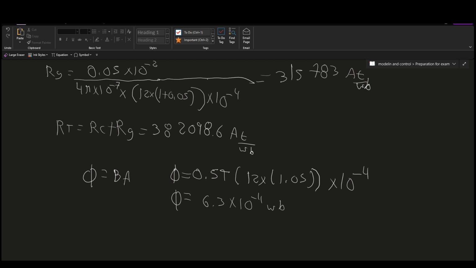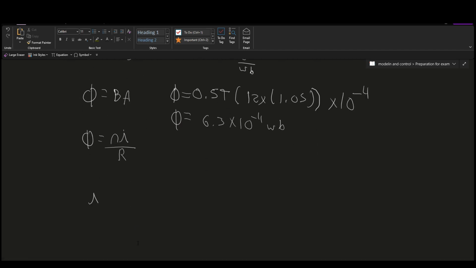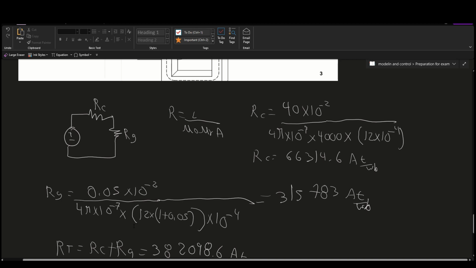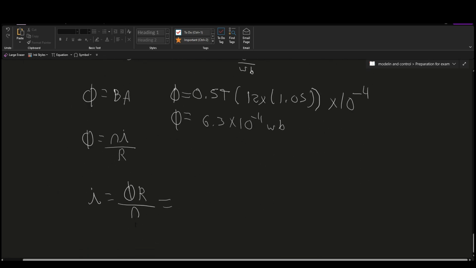And now that we have the flux, we can calculate the current. Another formula for flux is just MMF, that is Ni, divided by the reluctance. So if we want the current, we just need to multiply the flux times the reluctance and divide it by the number of turns. Now, because we have a series circuit, we need to take into account both reluctances, so the total reluctance, to calculate this current.